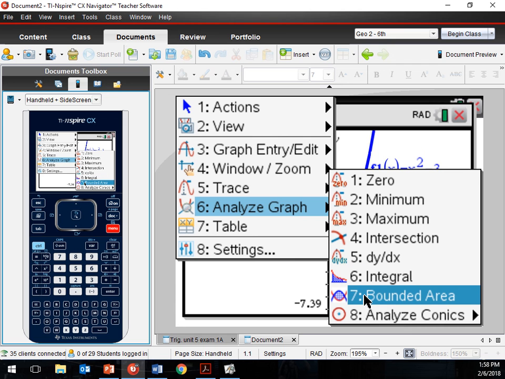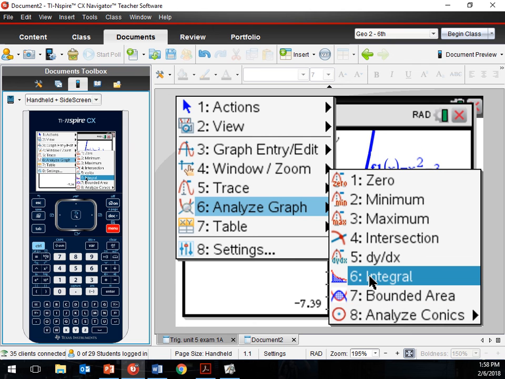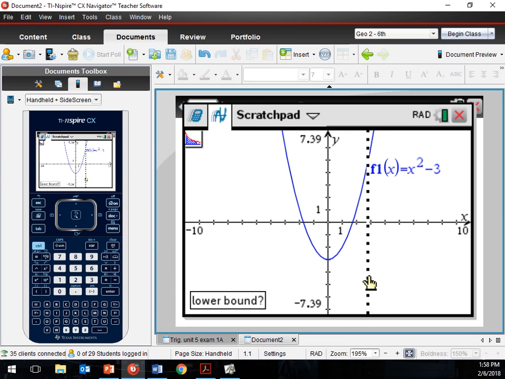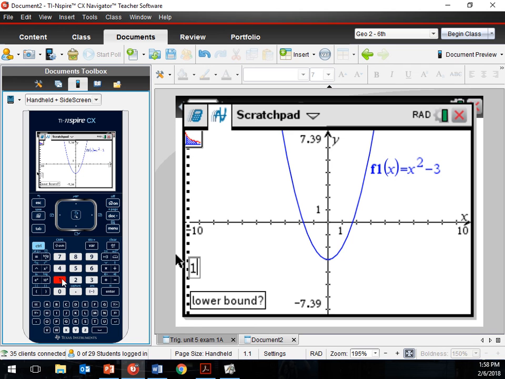So now I don't have bounded because it's not going to be 2. So now I have a little track thing right here. So all I have to do is actually hit the number, what was my lower bound? Hit enter 1. And the next one is? There we go. Can I get a replay of that? Instant replay, please? It's almost like I have a video for this. Yeah, I think so. Makes sense now?